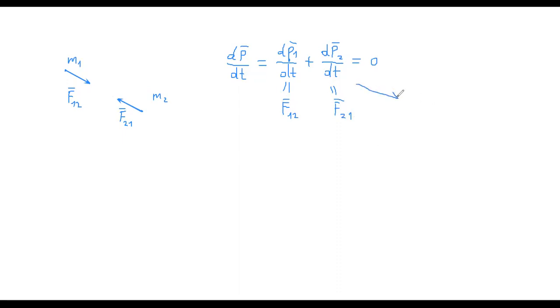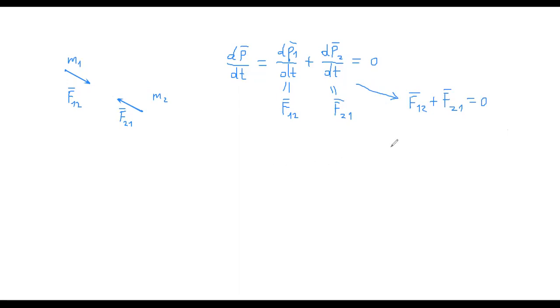So we can make a conclusion that F1,2 plus F2,1 is equal to 0.